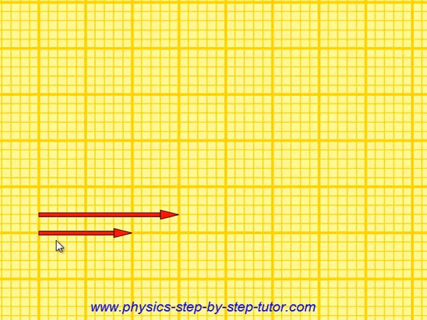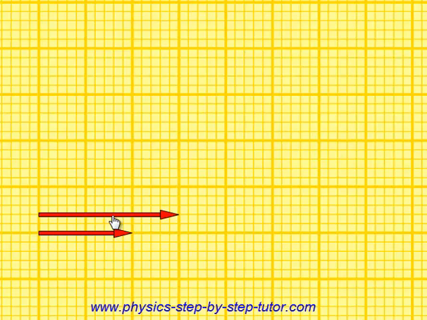So F1 has H1 and T1, where H1 means the head of the first force. T1 means the tail of the first force.